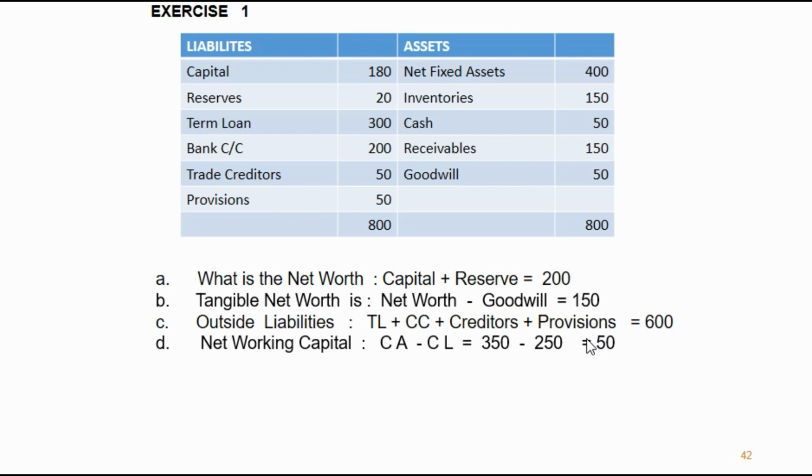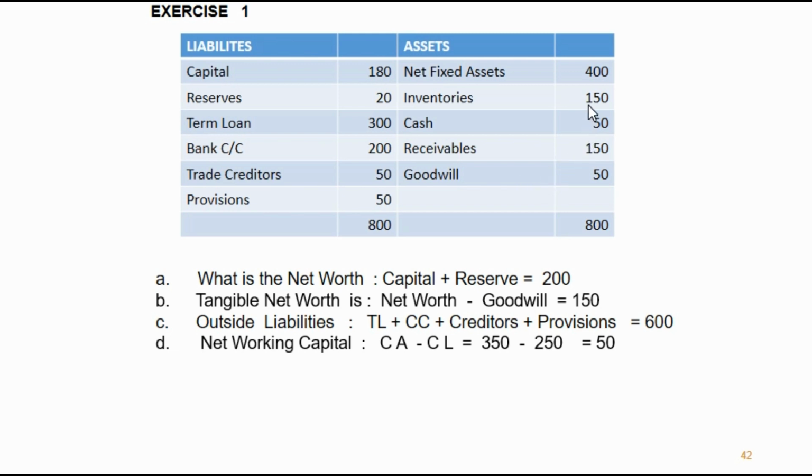Net working capital, current assets minus current liabilities. So current liabilities we'll have to calculate, and current assets. Current liabilities would include 200 plus 50 plus, first we'll calculate current assets. Let us calculate current assets.